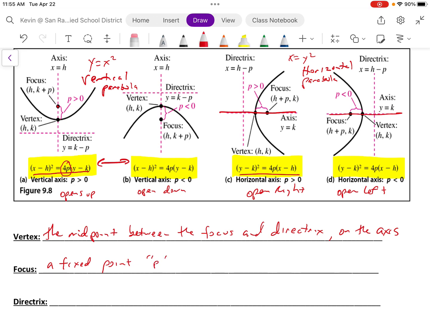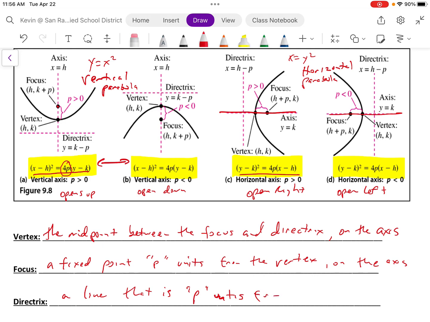Okay, focus is a fixed point P units from the vertex. Oops, not the center, the vertex. I'm getting confused here. From the vertex. And it is also on the axis.